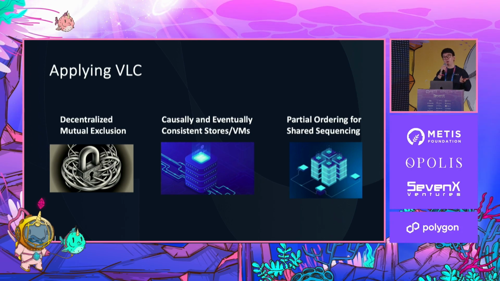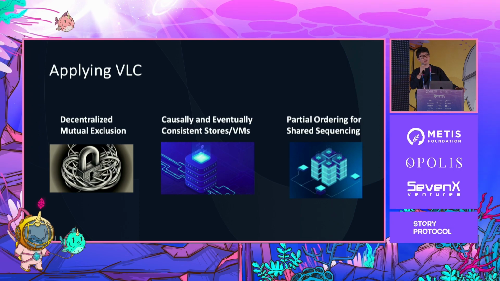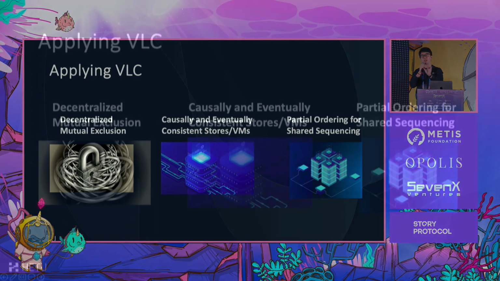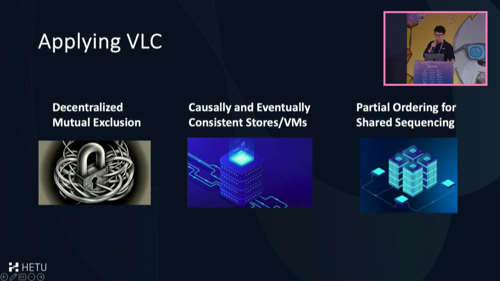And as I hinted at the beginning of the talk, there are a lot of applications that want consistency levels that are not strictly consistent, not linearizable in a more technical sense. Here we are able to use this verifiable logical clock to build causally and eventually consistent data stores, and then things like virtual machines.